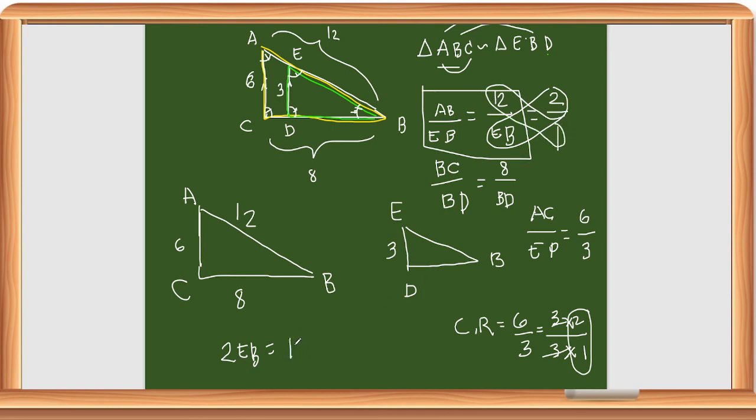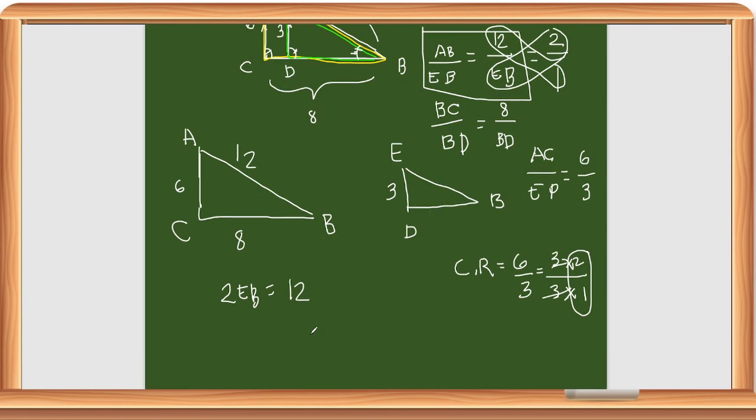So that is 12. 1 times 12 is 12. Now, anong gagawin natin next in order for us to get EB? This is 2EB is equal to 12.